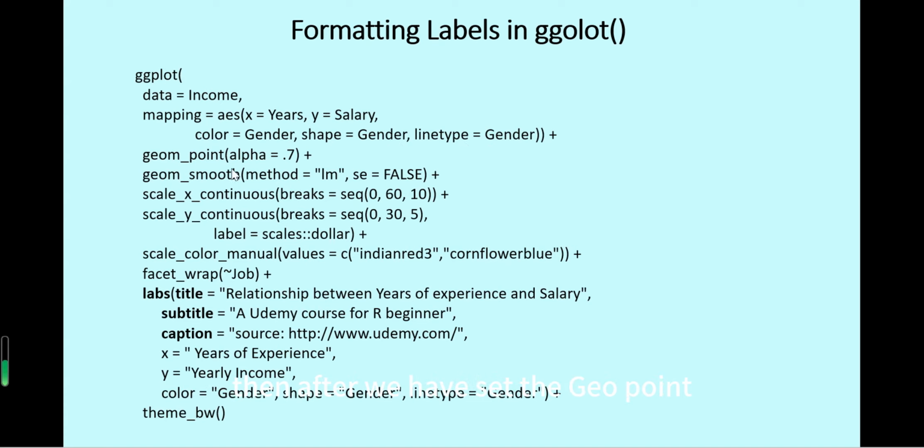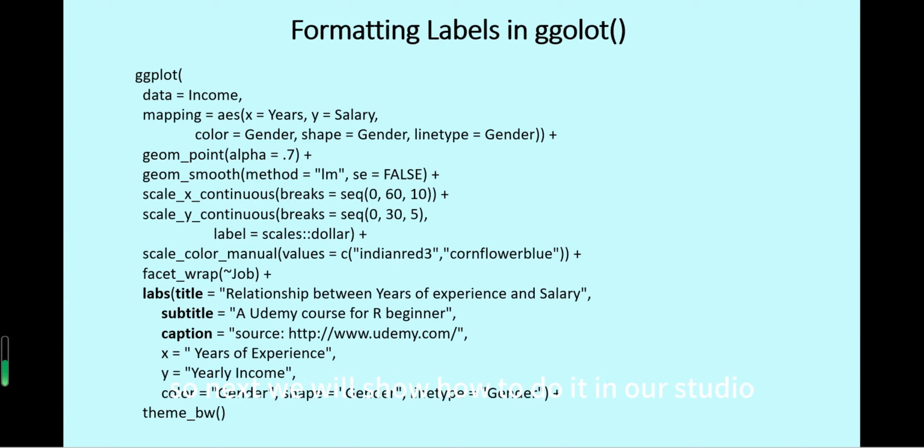Then after we have set the ggplot and smooth function for the line, we can use breaks for x and y labels, with a dollar sign. Then we just focus on these three items for the labels: the title, the subtitle, and the caption.